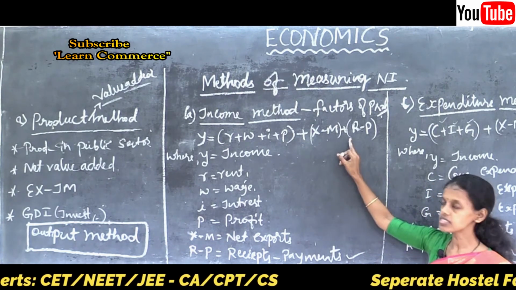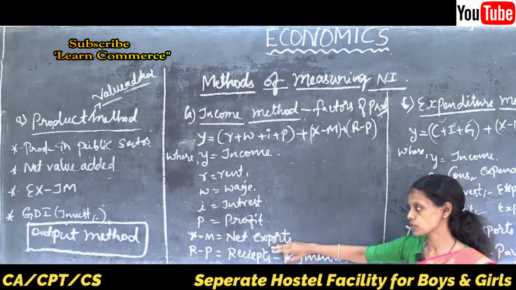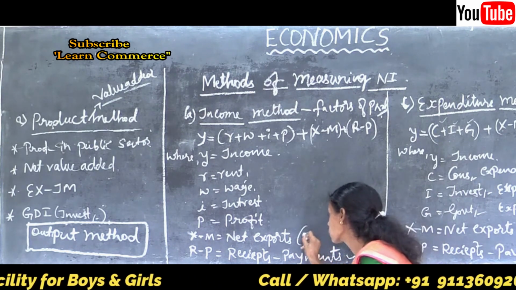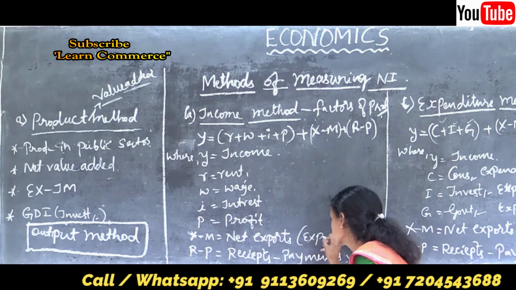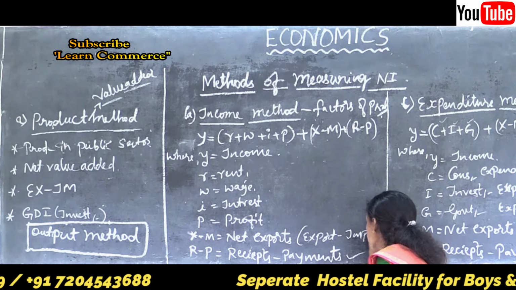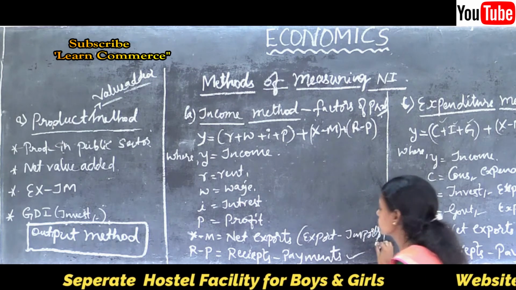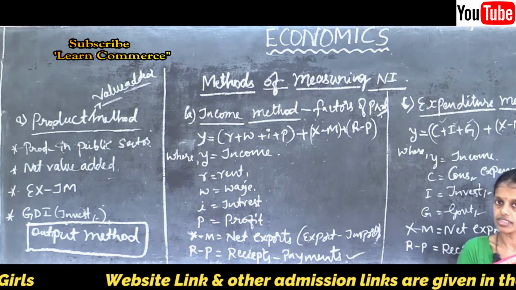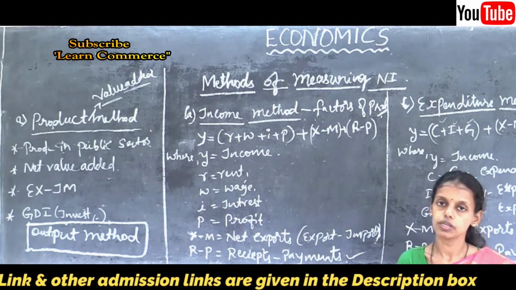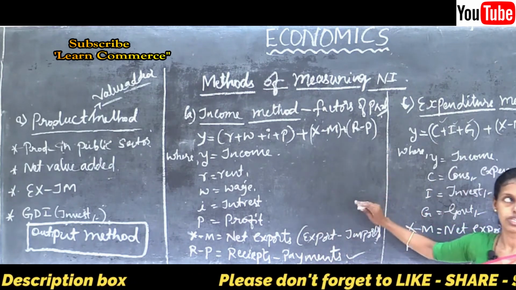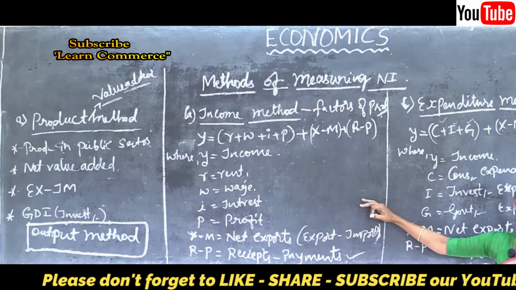X minus M is also added, meaning net export, export minus imports. Also you can write R minus P, means receipts minus payments, net payment made to abroad, that is also considered while calculating by the income method.